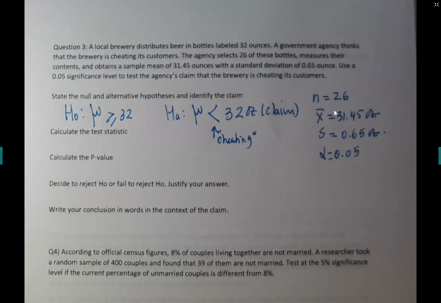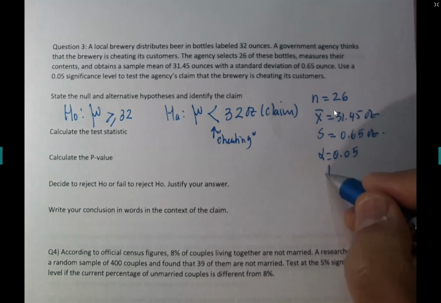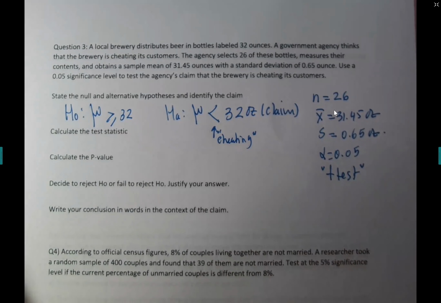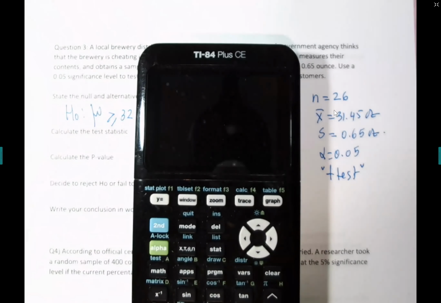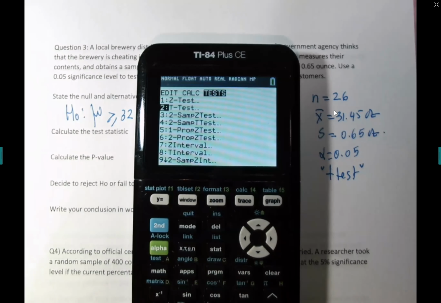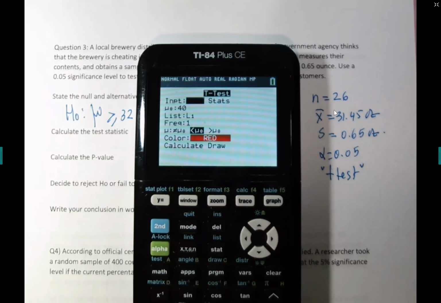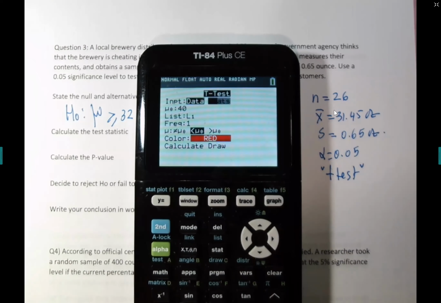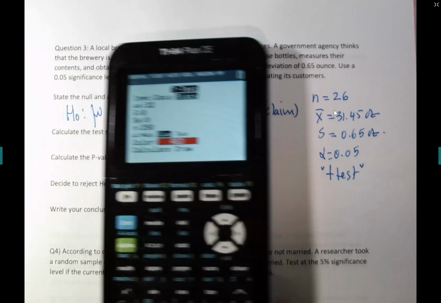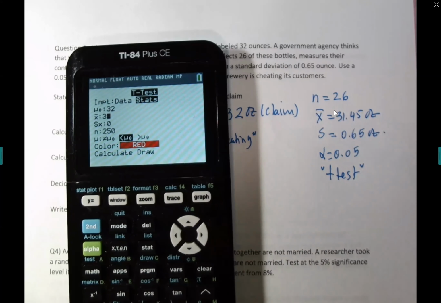So this is a t-test. T-test, stats. mu0 is 32. X bar is 31.45.